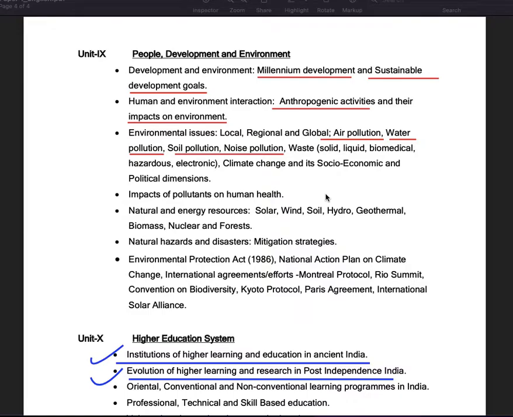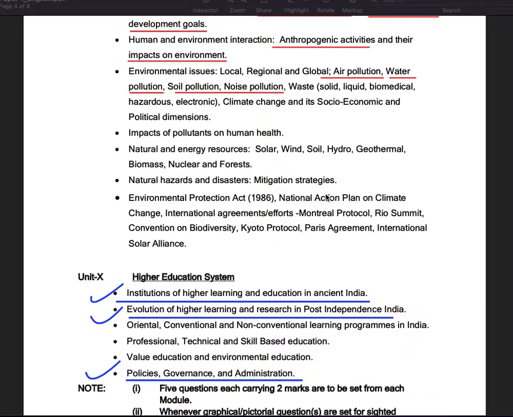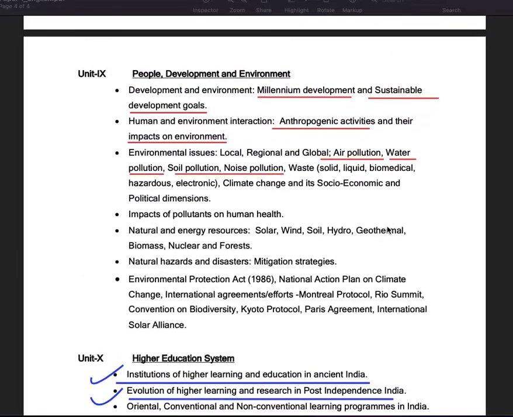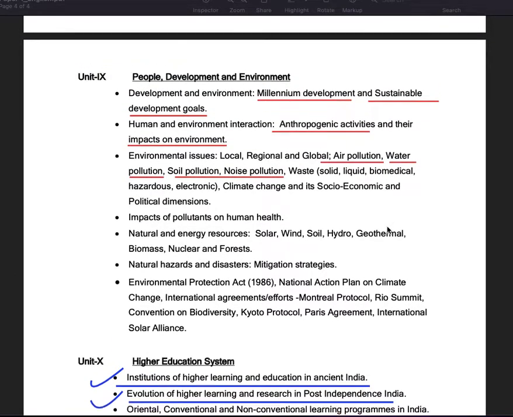You have to see the production capacities of different countries and areas, how much India produces in solar energy. Then come the different acts like the Environmental Protection Act, the National Action Plan on Climate Change, and different protocols internationally and nationally. This unit is also very large, but you can manage it.